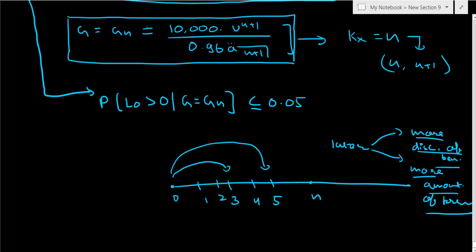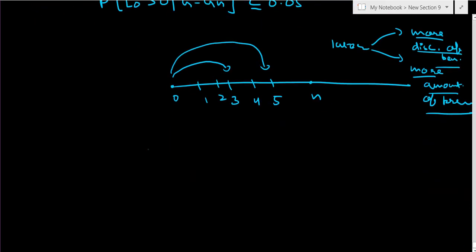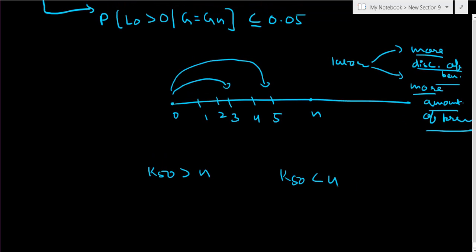So our probability of profit will increase if K50 is greater than n, and a loss would occur if K50 is less than n. So the probability of incurring a loss is just K50 being less than n.